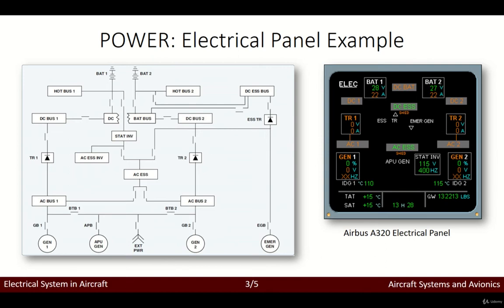The AC ESS bus is normally powered by the AC bus number 1. In case the AC bus 1 fails, the AC ESS bus can be manually transferred to the AC bus number 2 by selecting the AC ESS feed over here, which is a switch that the pilot can alter on the overhead panel.